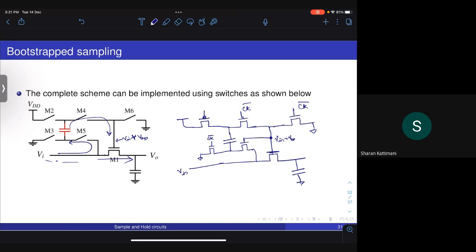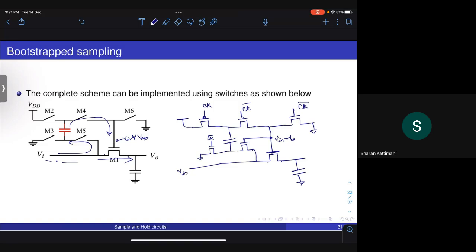Now, what should be the gate voltage here? Notice that ideally this should have been clock, because when clock is 0, the sampling switch is off. At that time, this PMOS transistor should have been charged to VDD. And when clock is 1, the sampling switch is on, and at that time this PMOS is disconnected.